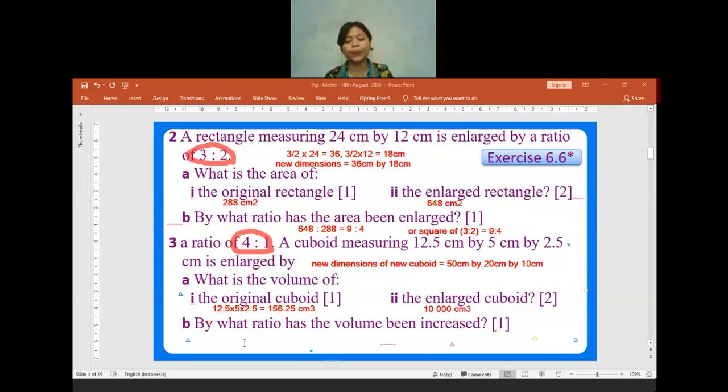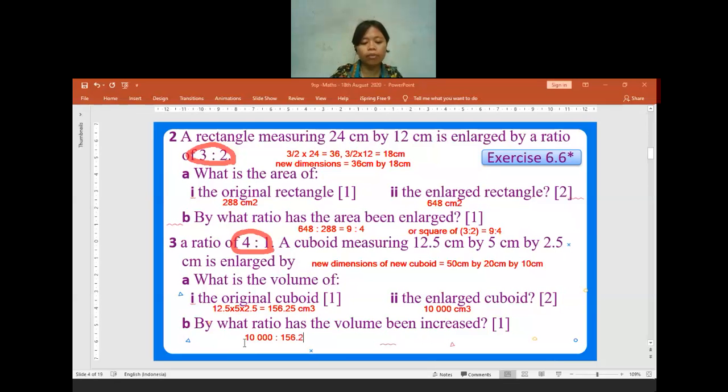So what is the ratio? 4 to 1. Yeah, we can do it from simplifying the volume that we get, 10,000 to 156.25.